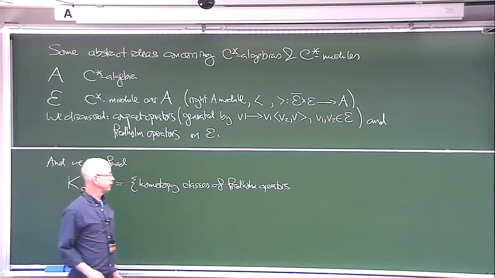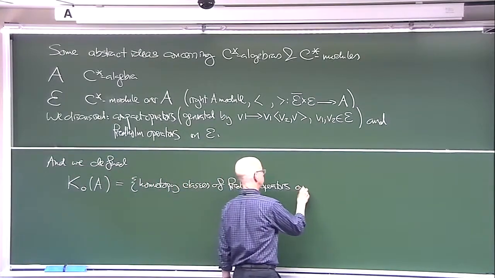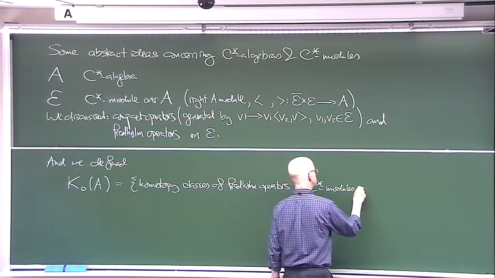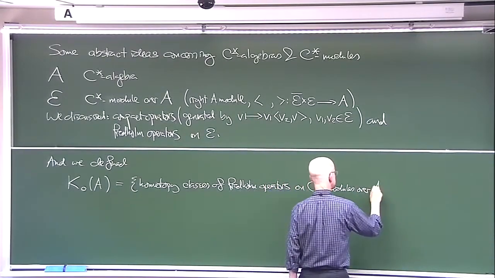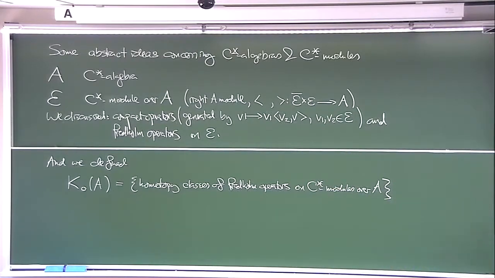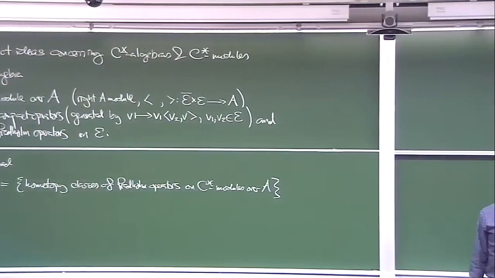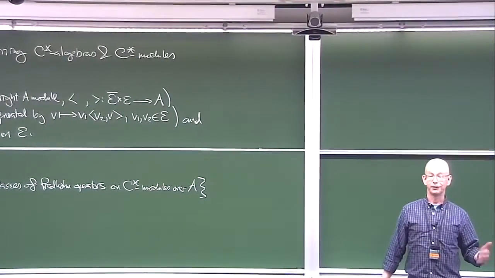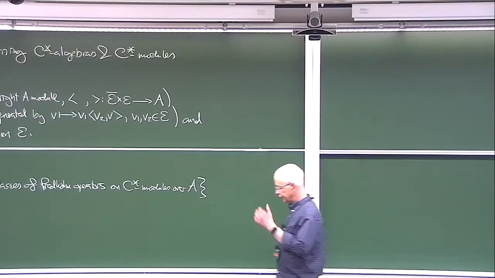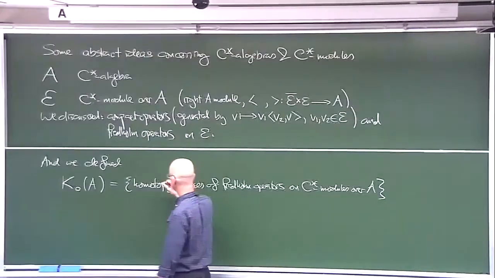Well, on any module. So we discussed what homotopy means, and it's possible for one Fredholm operator on one module to be homotopic to a Fredholm operator on a completely different module. There's a very flexible notion of homotopy classes.